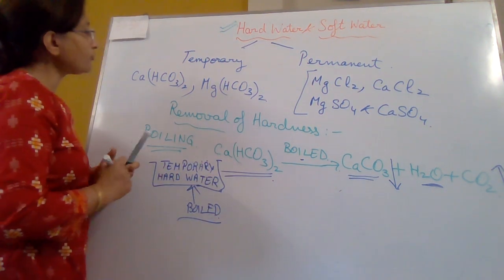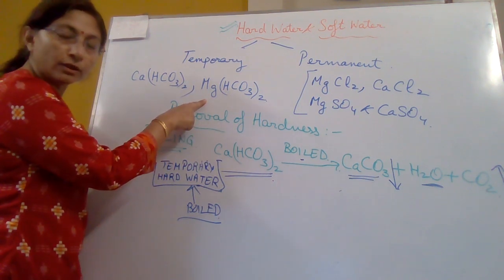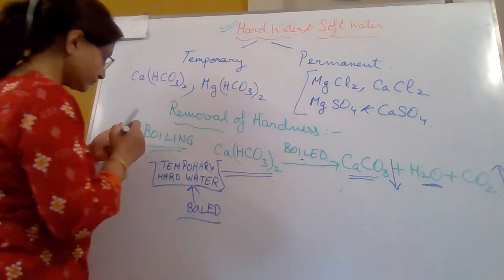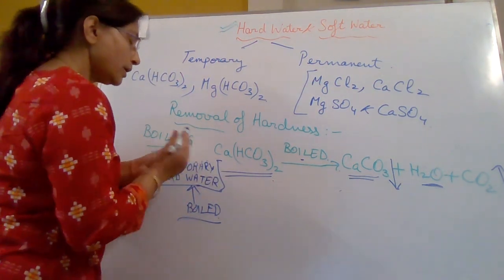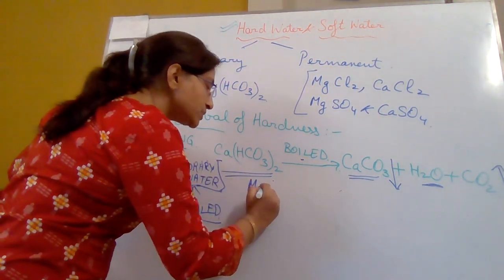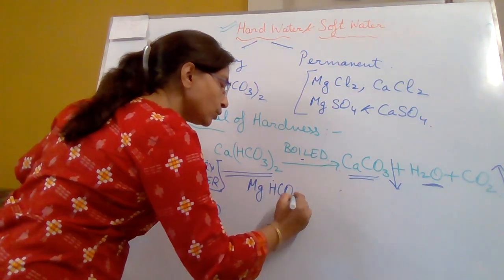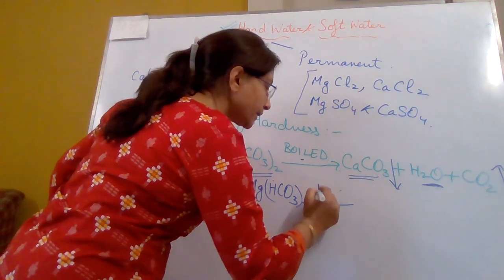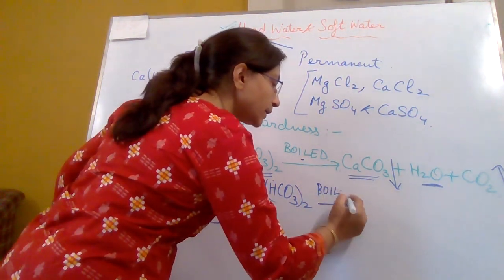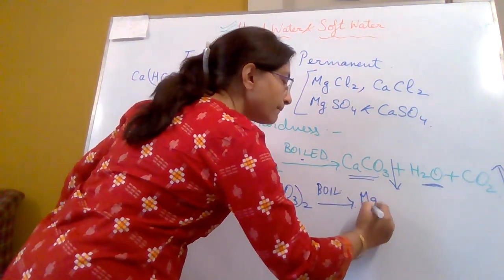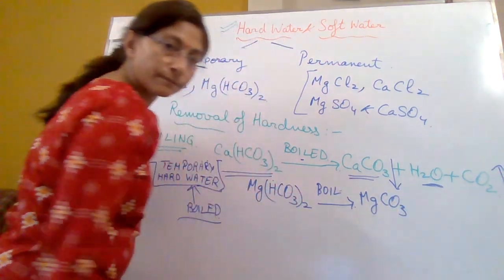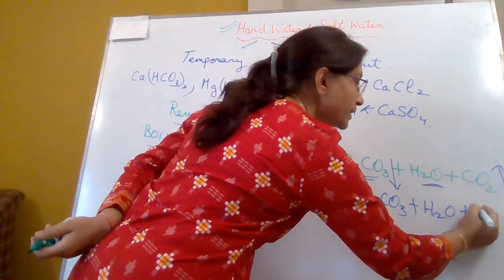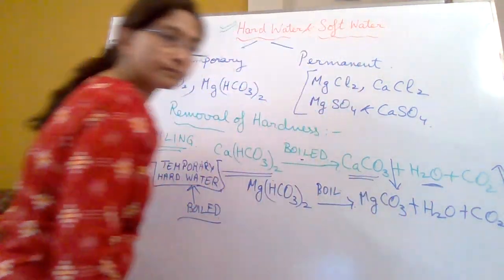The same kind of reaction is observed with magnesium bicarbonate as well, that is, Mg(HCO3)2. On boiling, it will produce magnesium carbonate plus water plus CO2.